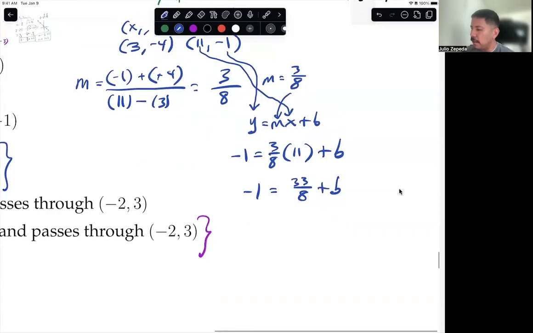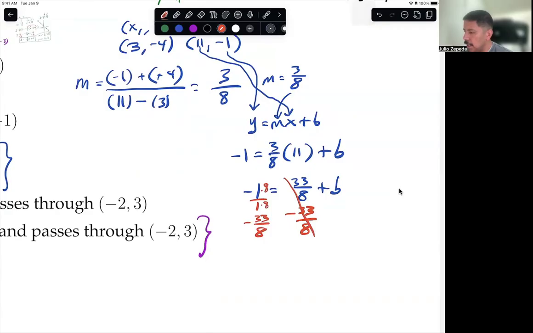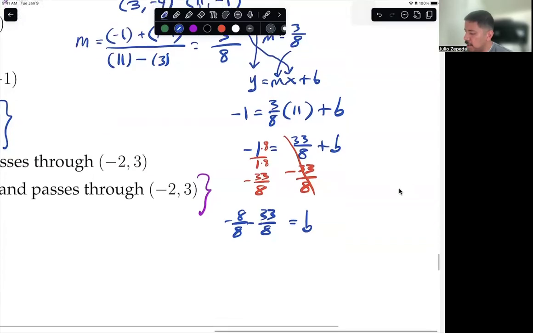So to solve for b, all I have to do is subtract 33 over 8. I'm going to get a common denominator. Right now, the denominator is 1, but let me go ahead and write this with a denominator of 8. So if I subtract 33 over 8 on both sides, then I'm going to get b is equal to -8 over 8. Let me write it out. -8 over 8 minus 33 over 8, which gives us a negative 41 over 8 as our b.